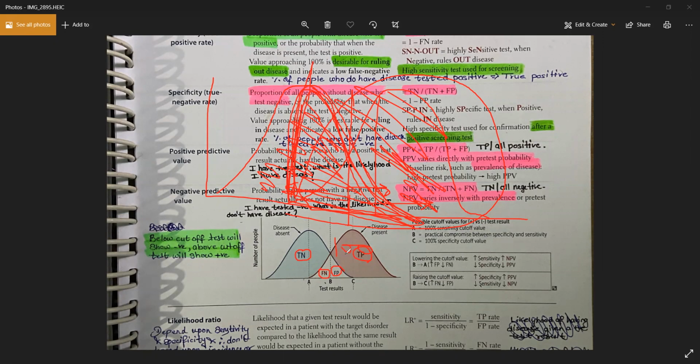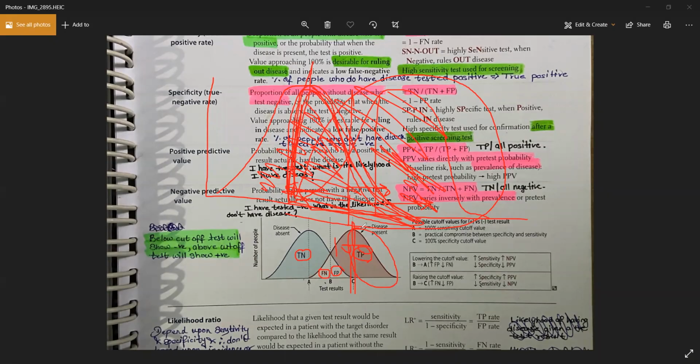the specificity. Similarly, when I increase the cutoff value for a certain test, let us say I've taken the cutoff value to point C here, then as you can see, I'm not detecting every individual with the disease. Whenever my test is positive, I can be 100% sure that the patient actually has the disease.